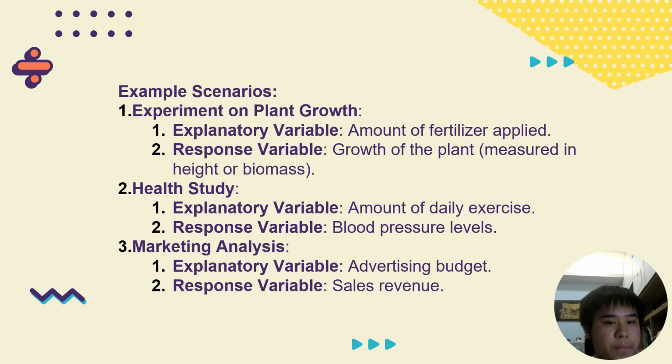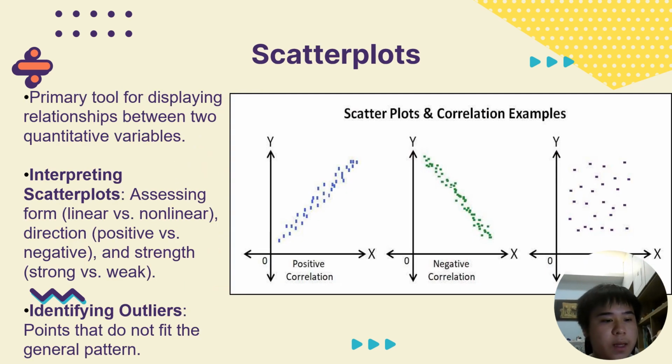Now, scatter plots. This is also a really important concept of the unit. The function of scatter plots is to display the relationship between two quantitative variables. Interpreting scatter plots, you can see from the slope. The slope indicates the amount of change in the response variable for a 1 unit change in the explanatory variable.